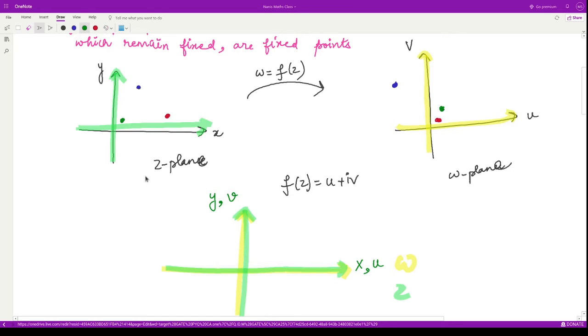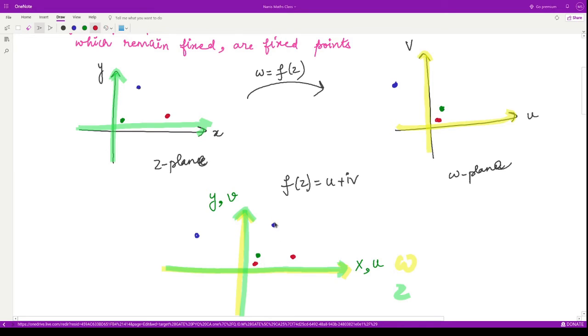Now I mark the points: the first point of z would be somewhere here, the second point of z somewhere here, and the third point of z somewhere here. Now I am marking the points corresponding to the w plane. The point corresponding to this blue one would be somewhere here, this green one would be here only, and this red one would be here only.